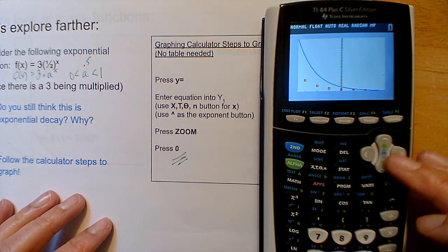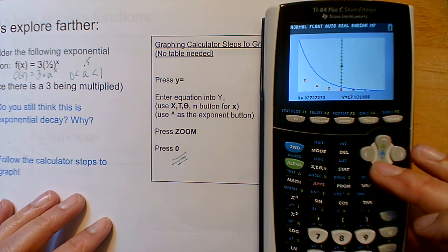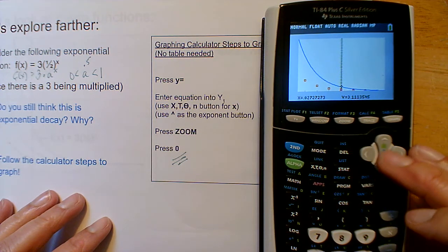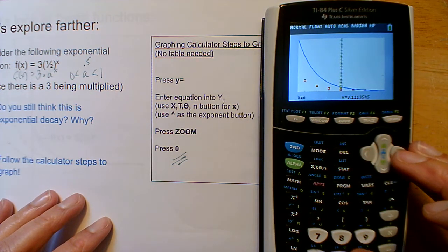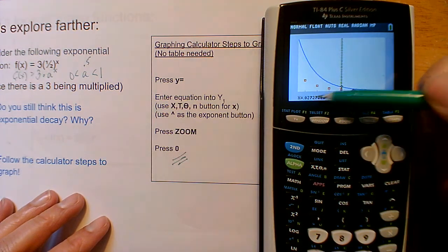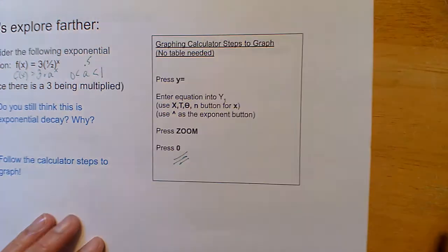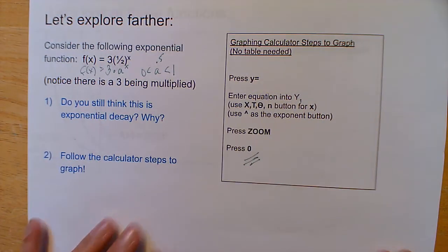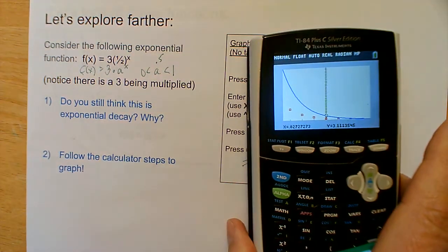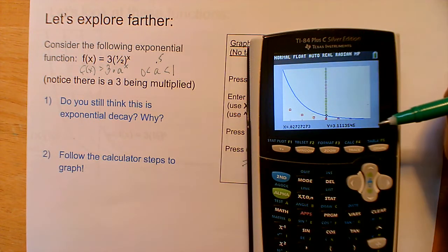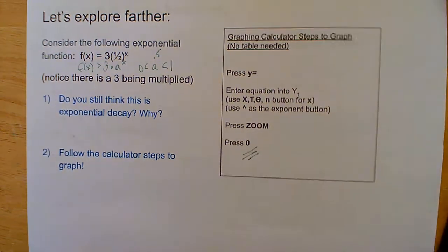I'm wondering if I can see where the y-intercept is on this. We are going to have to use another system, but I'm thinking it's about 0.3 here. I'm estimating it. I will show you how to find the intercepts, but that is not today's lesson. Today's lesson was just noticing that this is exponential decay and a decreasing graph.